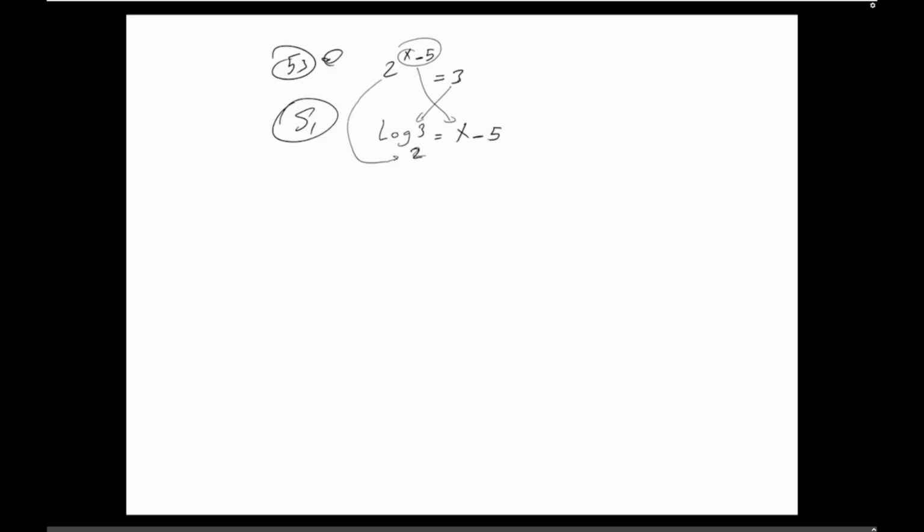As you guys remember. And yeah, so now it's easy to solve this one. We want the x to be standalone, so we will say x minus 5 equals log 3 base 2.